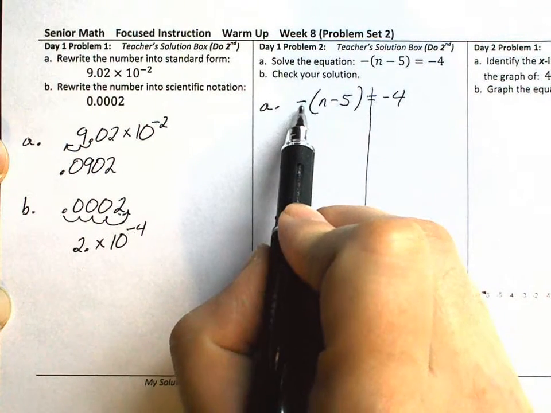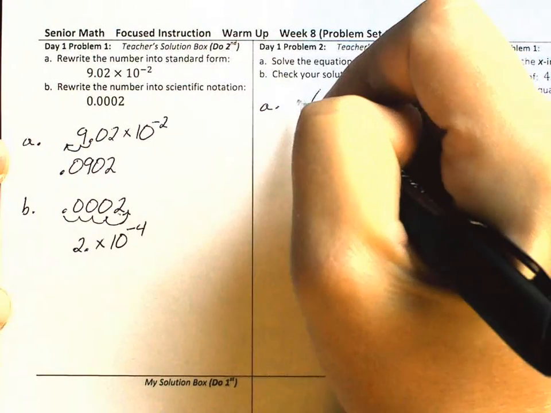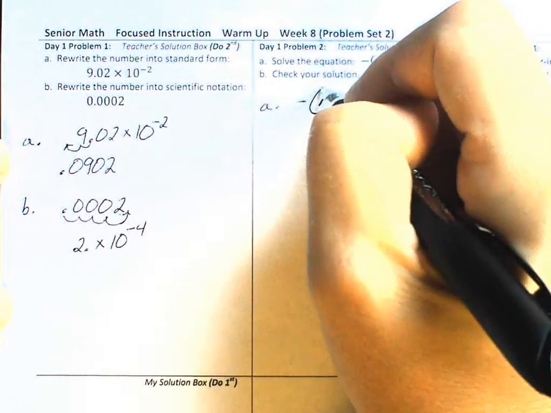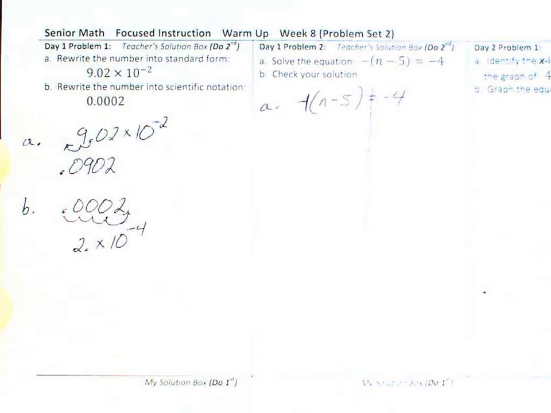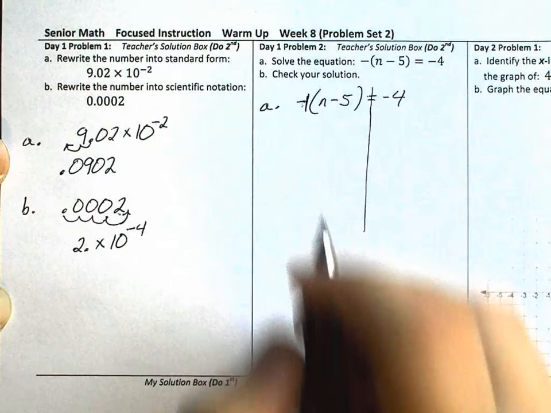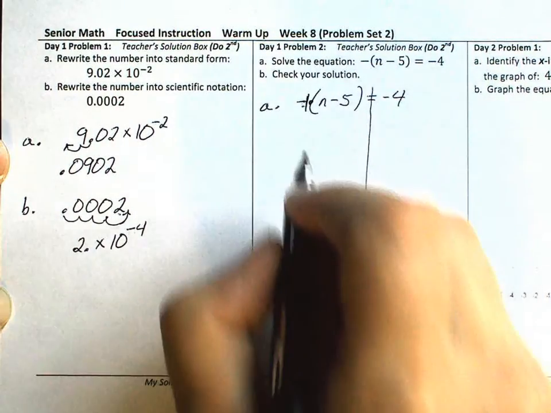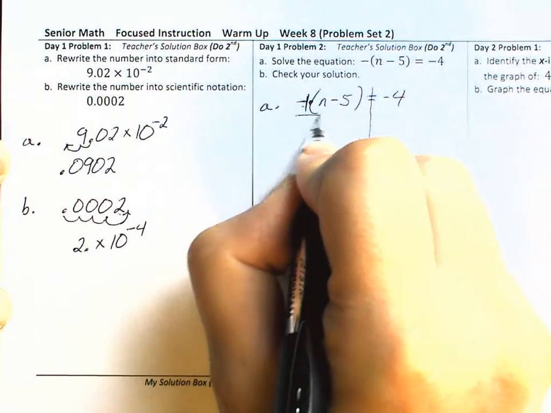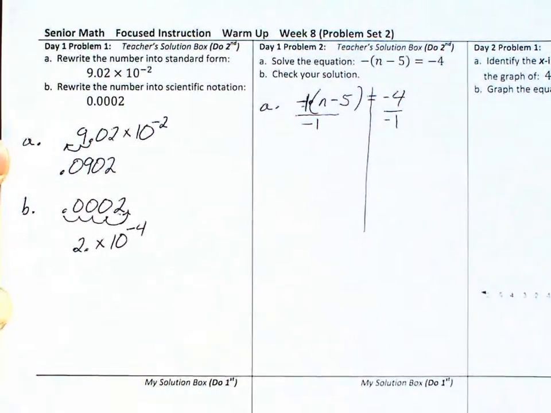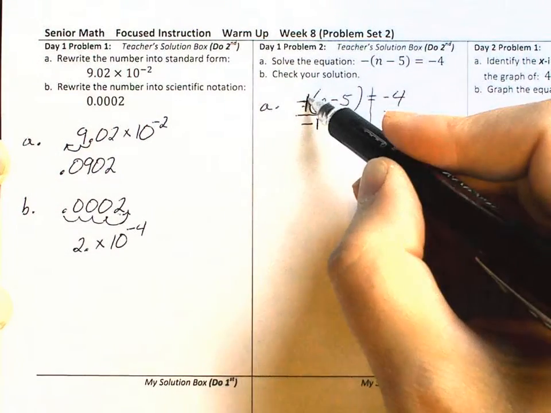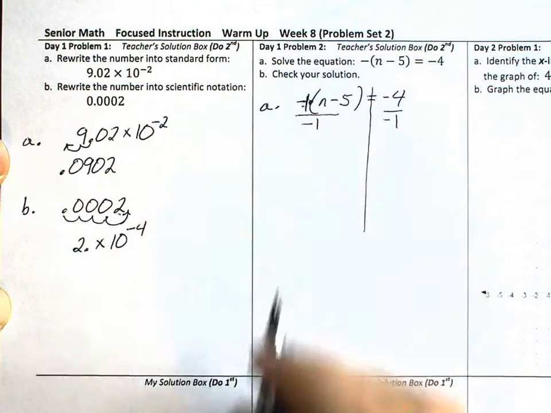So let's think about how we can remove the negative symbol. One way to do it is to realize that negative times that quantity is the same thing as -1 times that quantity. And we can move the multiplication by -1 using division. So divide the left side by -1 and the right side of the equation by -1. -1 divided by -1 makes +1.